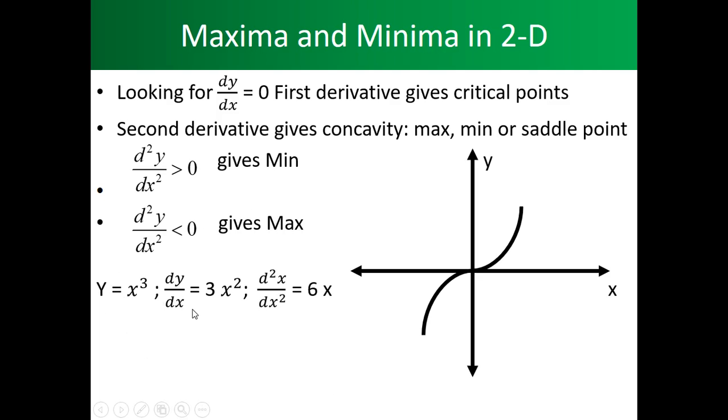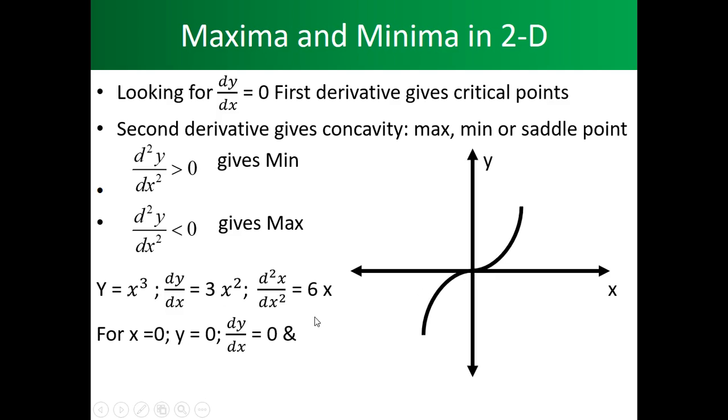Let's look at this example of y equals x cubed. If we take the first derivative, we get 3x squared. The second derivative is 6x. We have this point here at 0, where x equals 0 and y equals 0.